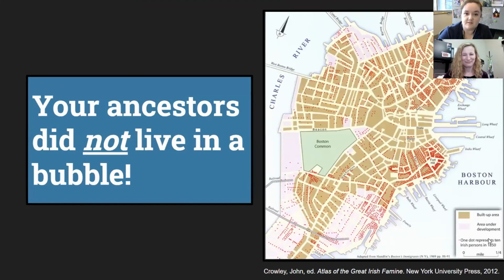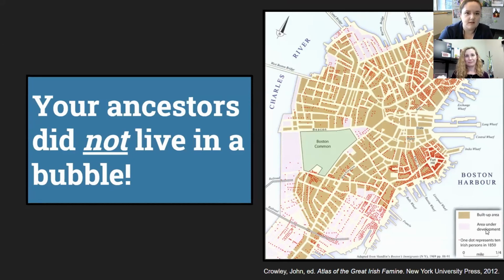First and foremost, your ancestors did not live in a bubble. Before we get into the conversation, I do want to bring this point up because I think it's really important for us to remember that when we're researching our ancestors' lives, we want to look at not just the names, the dates, the locations, but look at the whole document.